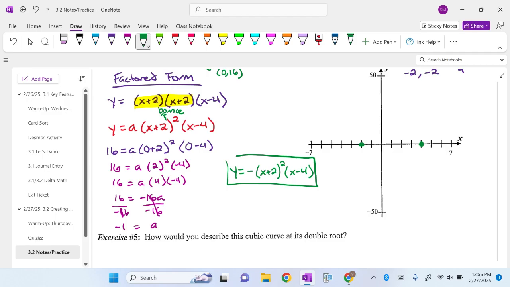Now, since it's negative and it's a cubic function, what's my end behavior going to look like? So going from left to right, is it going to start high and get low, or is it going to start low and get high? Based off of your end behavior. Think about it. What typically tells us the end behavior?